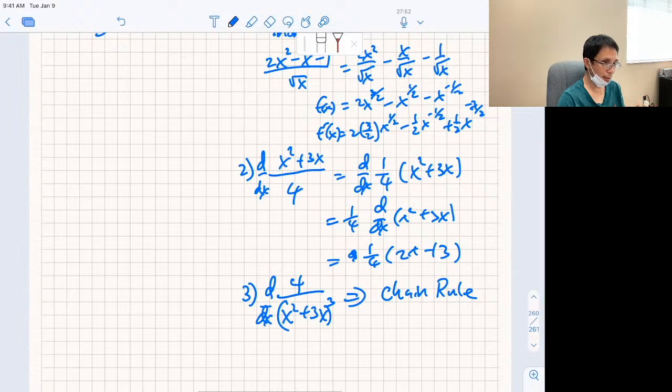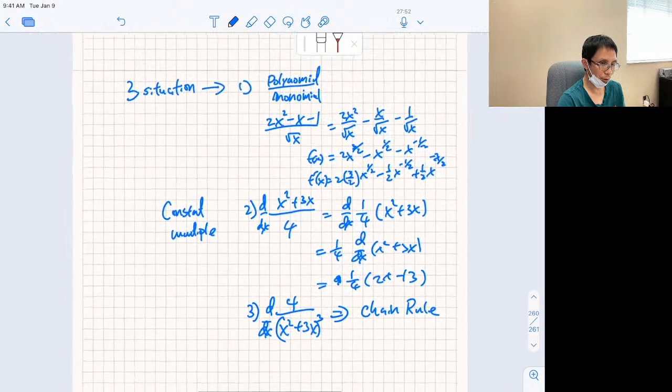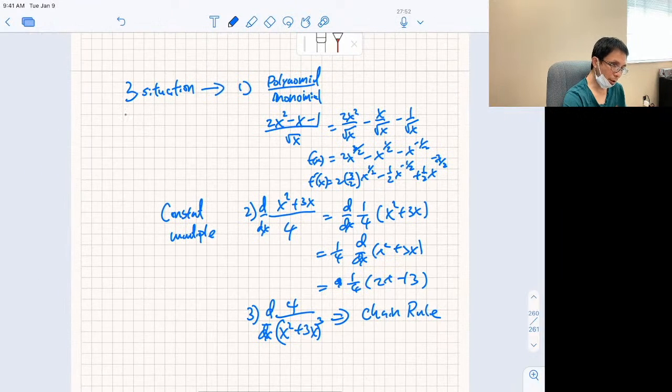So constant on the top is going to be a chain rule. Constant on the bottom is going to be a constant multiple rule. On today's homework, I'm going to give you all of them, to test you and see if you know which rule to use. So 3 situations, avoid the quotient rule.